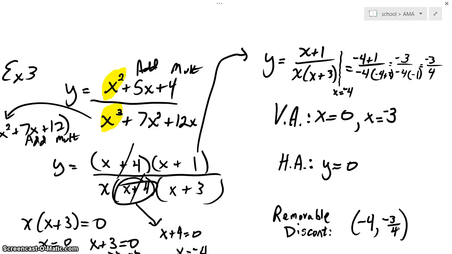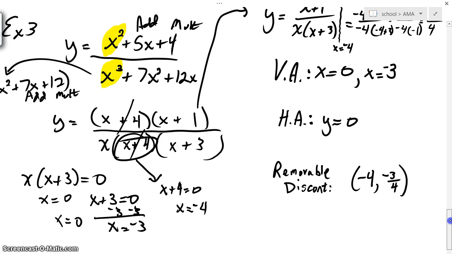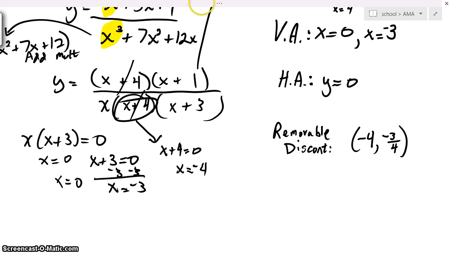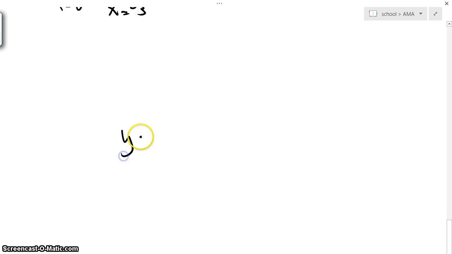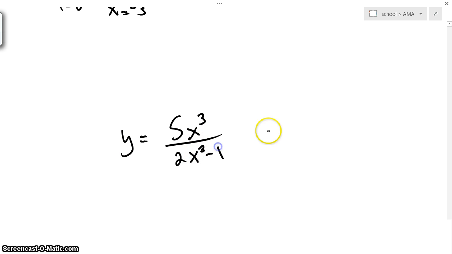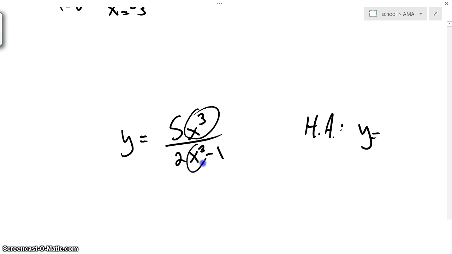But that's why we're giving that to you real quickly. We've got just a tiny bit of time left, and I did just want to give one super fast last problem. What if I would have given you something like this, and if I said, what's the horizontal asymptote? Well, I hope you could look at this and say, well, wow, the highest power up above is a 3, the highest power down below is a 3.